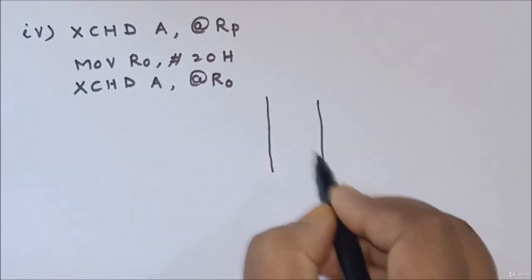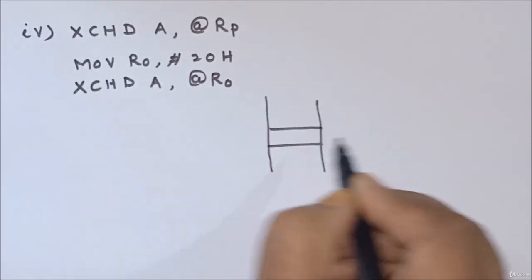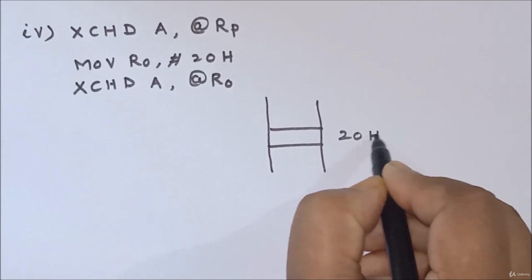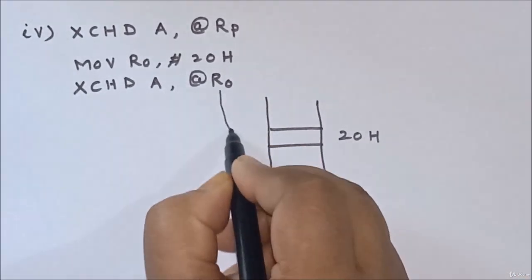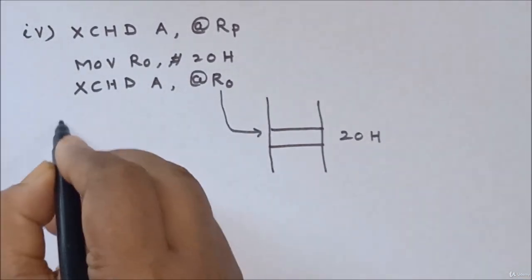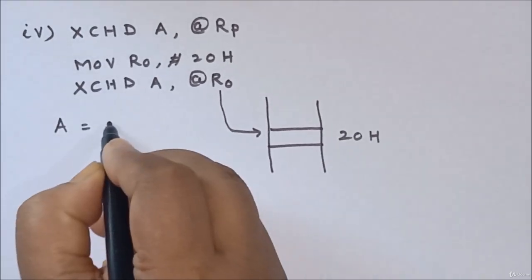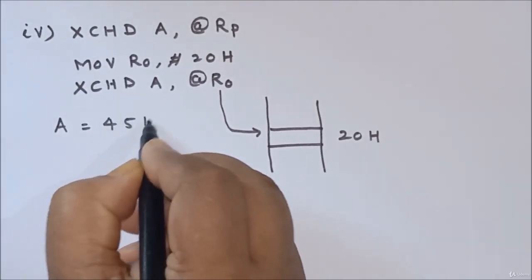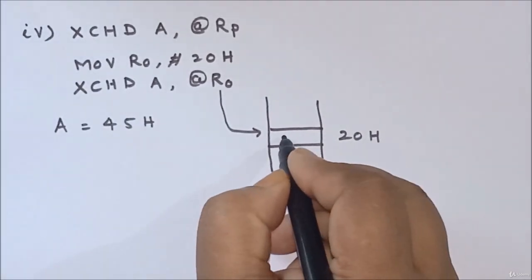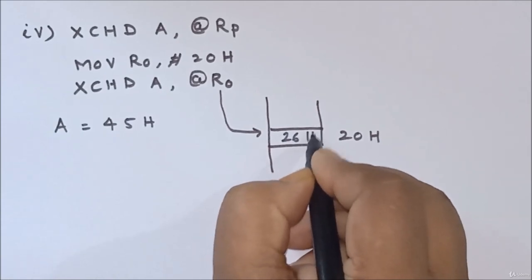So R0 is pointing to memory location having address 20H, and in the accumulator suppose 45H is stored, and at this memory location 26H is stored.